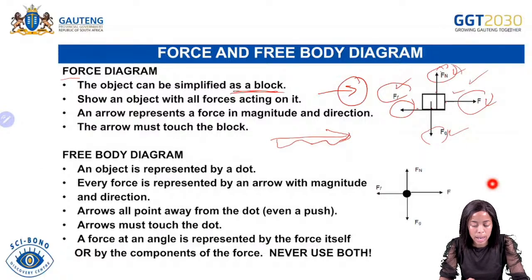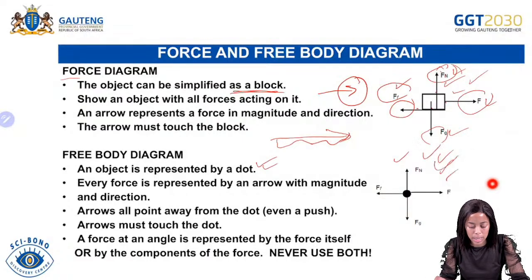Then next we have the free body diagram. So it says an object is represented by a dot. Between the force and the free body diagram, all of them are very important, but normally in the examination you will be asked to draw the free body diagram, but also you need to prepare yourself to draw the force diagram.